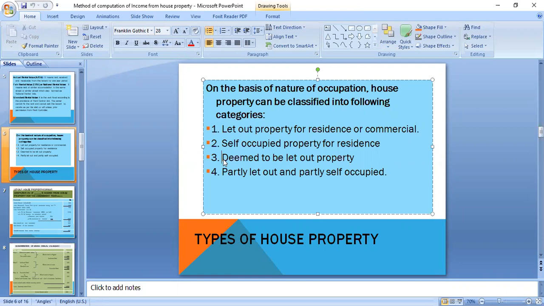Then another type is partly let out and partly self-occupied. So the total building has two floors: one floor you are self-occupying, another you have let out. So that is called partly let out and partly self-occupied. These are the four types of house properties based on the nature of occupation, on which you have to calculate the value of income from house property.